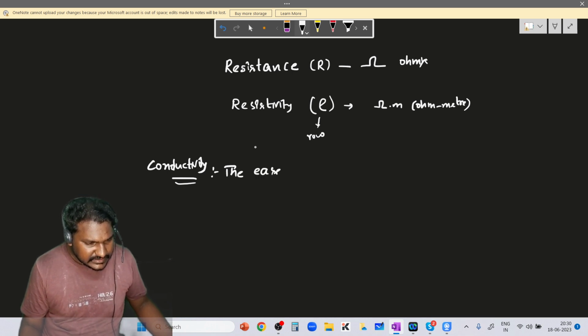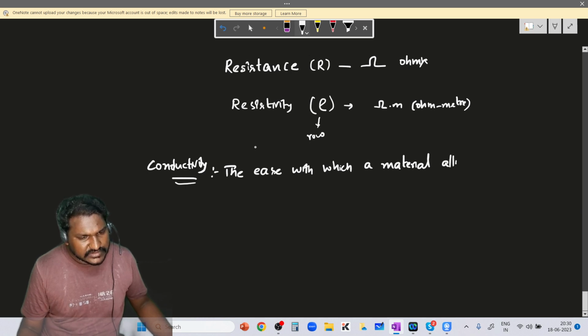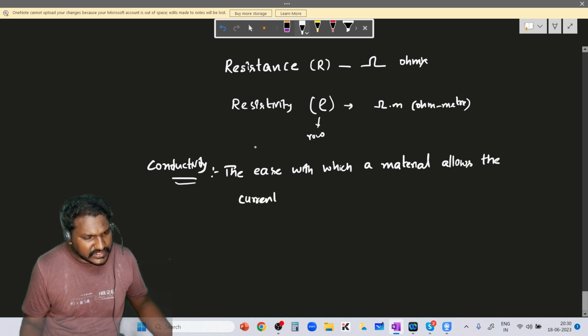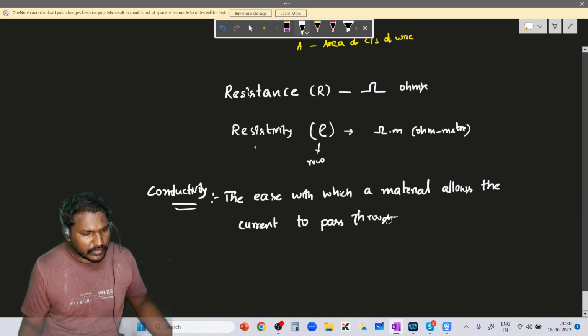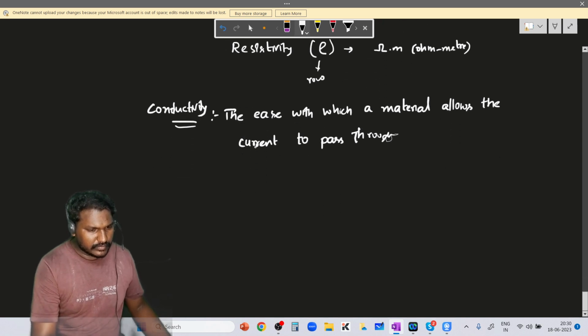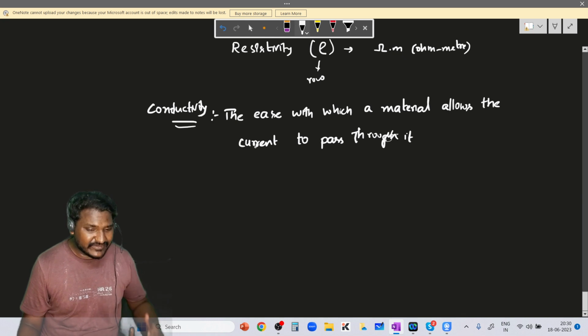The ease with which a material allows the current to pass through it is known as conductivity. And quite opposite to it is resistivity.